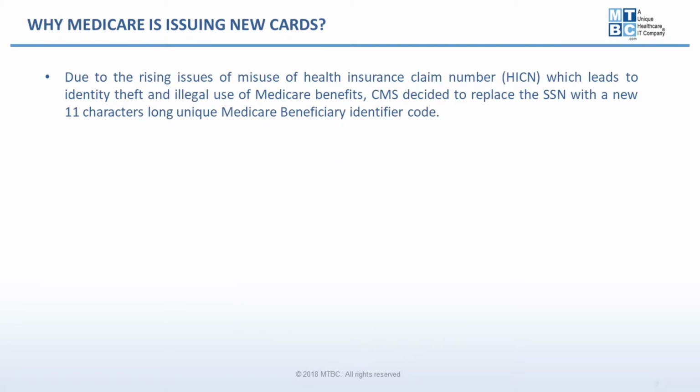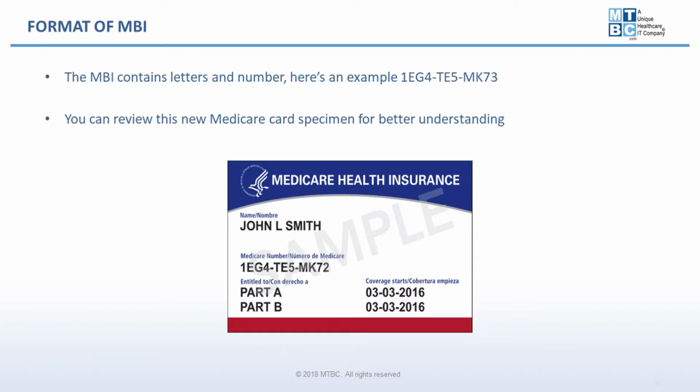Due to the rising issues of misuse of the health insurance claim number, HICN, which leads to identity theft and illegal use of Medicare benefits, CMS decided to replace the SSN with a new 11-character-long unique Medicare Beneficiary Identifier code. Format of MBI: the MBI contains letters and numbers. Here's an example: 1EG4-TE5-MK73. You can review the new Medicare card specimen for better understanding.